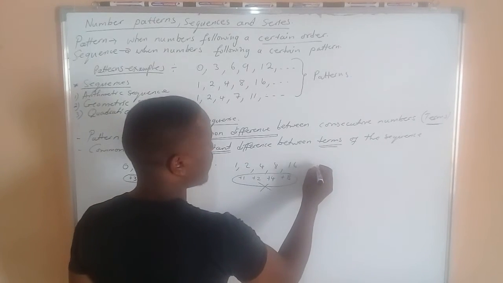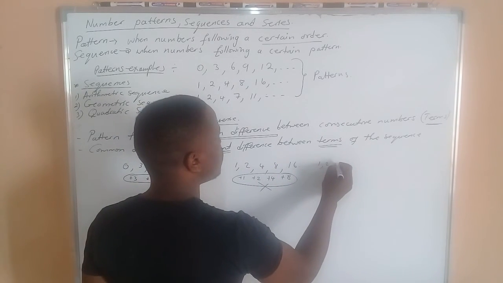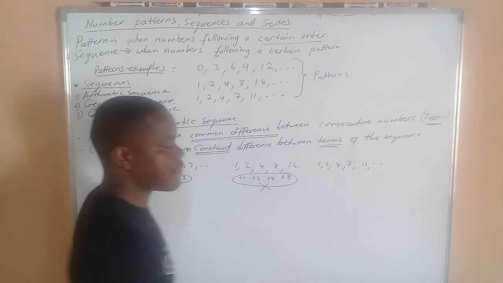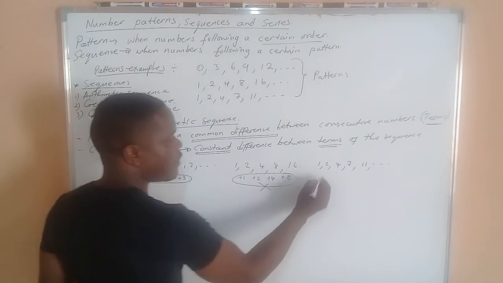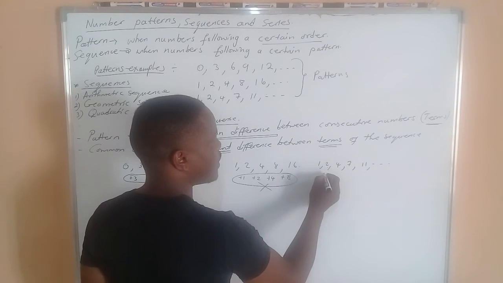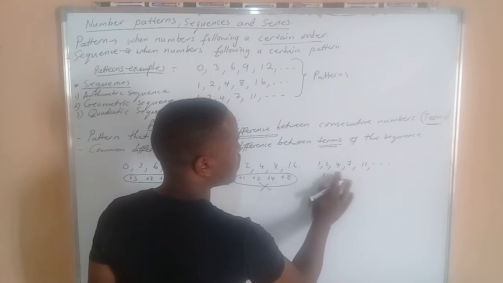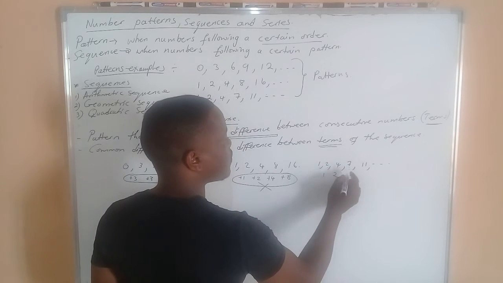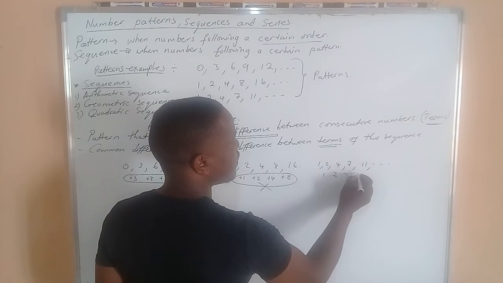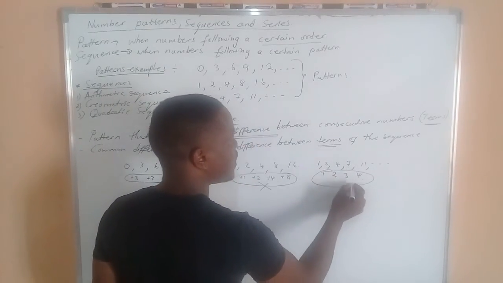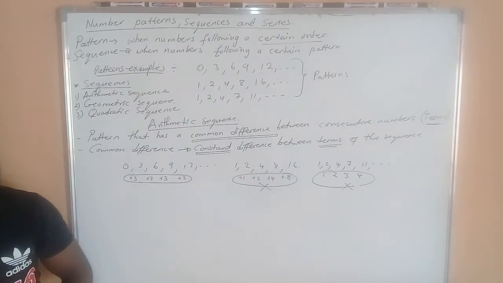I want to check again. 1, 2, 4, 7, 11, and so on. What is the difference here? 2 minus 1 is 1. 4 minus 2 is 3. 7 minus 4 is 3. 11 minus 7 is 4. Here again, we don't have a constant difference.